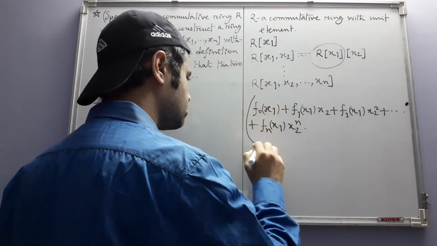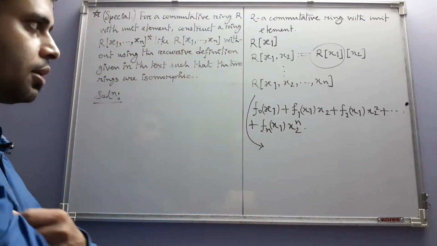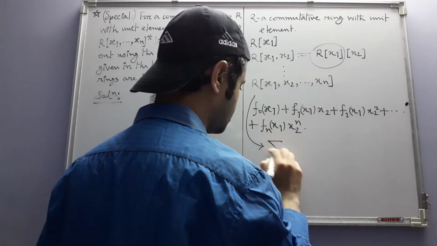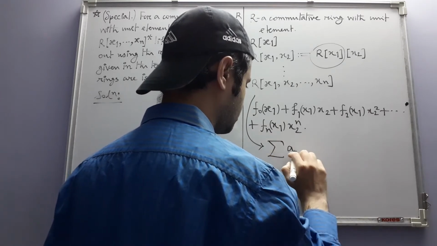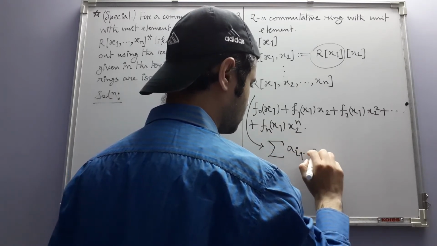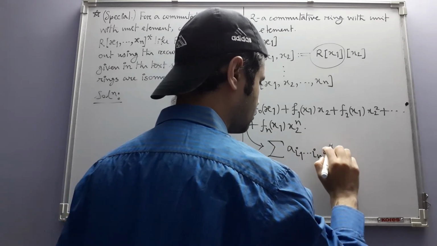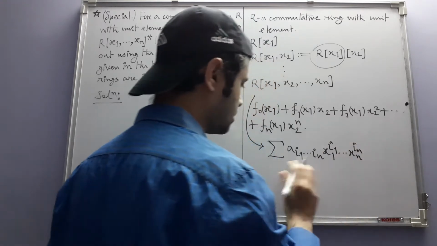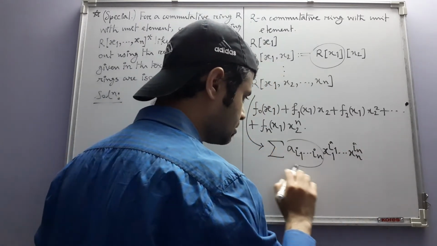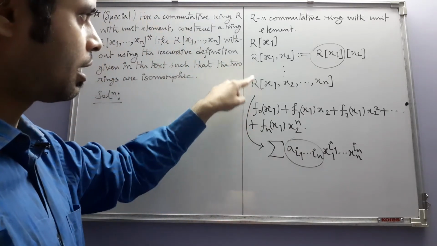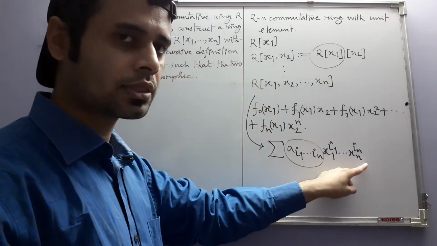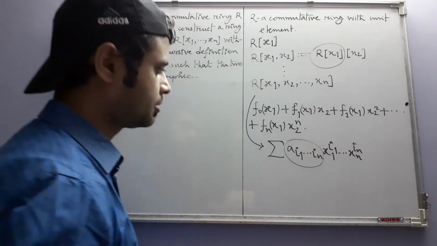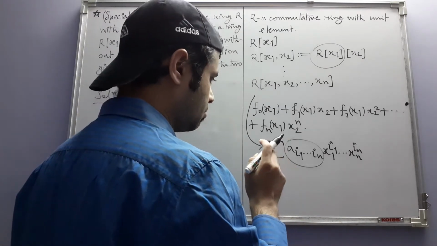Now in the text, the author simply said that the elements in such a ring look like this. It's a finite sum where these a's are coming from R, and these are of course the indeterminates, and the ij's are non-negative integers. Why is it true?